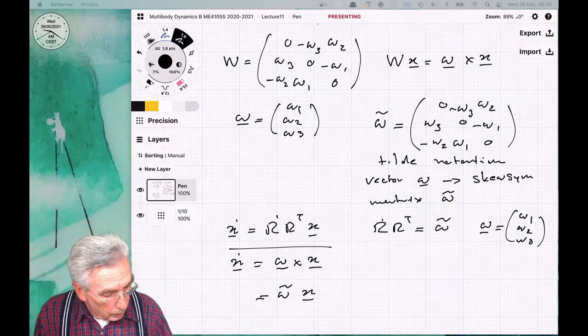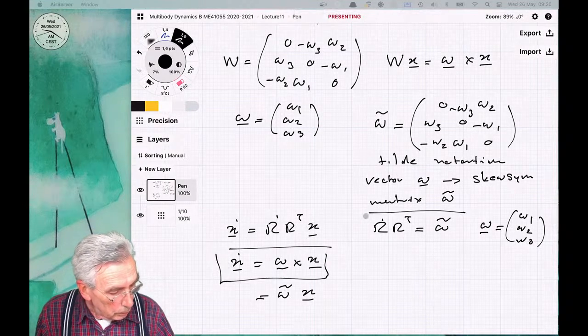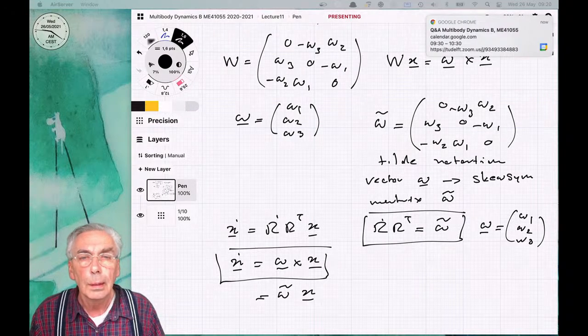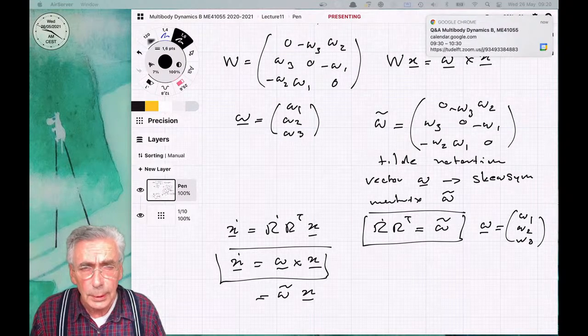So here we now have a nice way of defining our angular velocities.